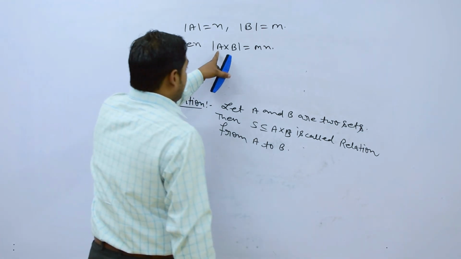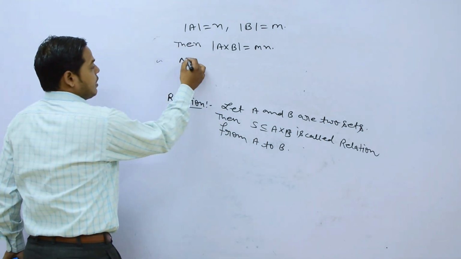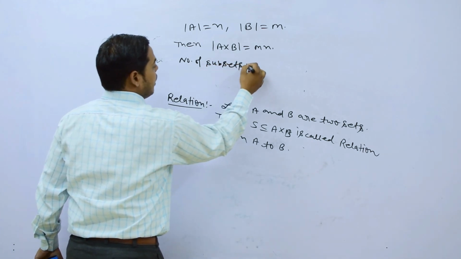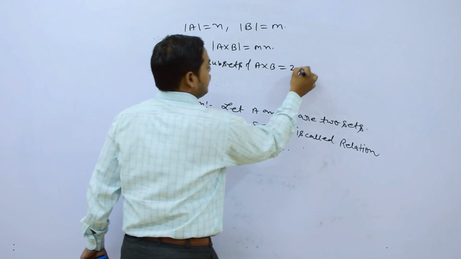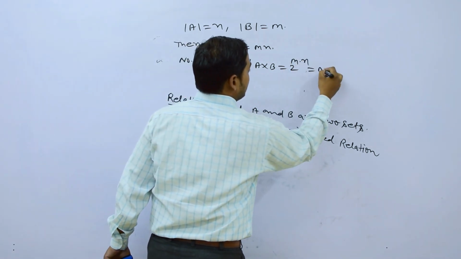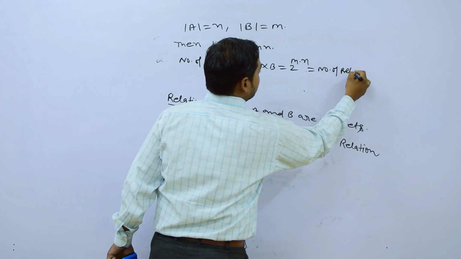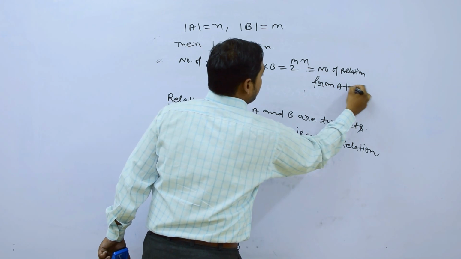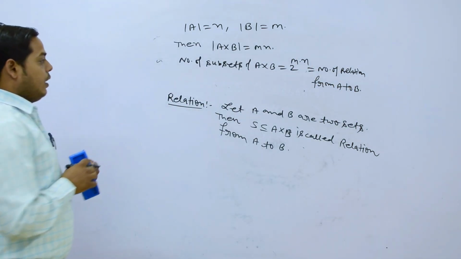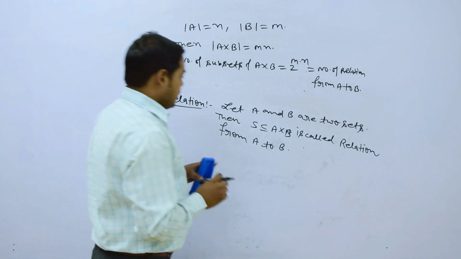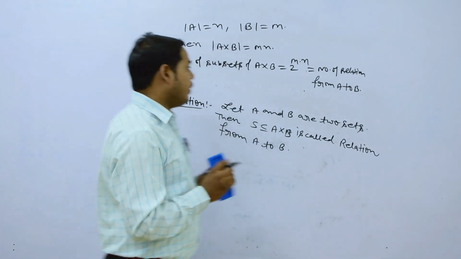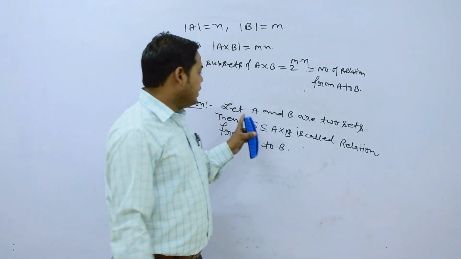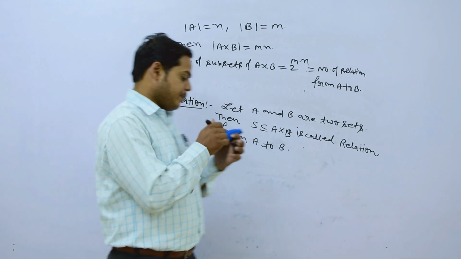Now number of subsets of A cross B equal to 2 to the power mn. This equals the number of relations from A to B. If we take the set A only, then we define relation in A, and if we take the sets A and B distinct, then we define the relation from A to B.